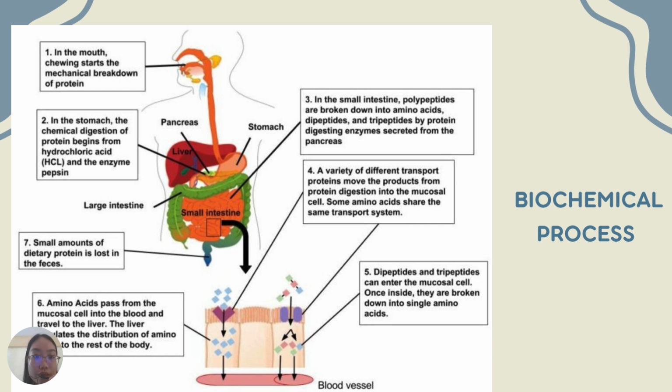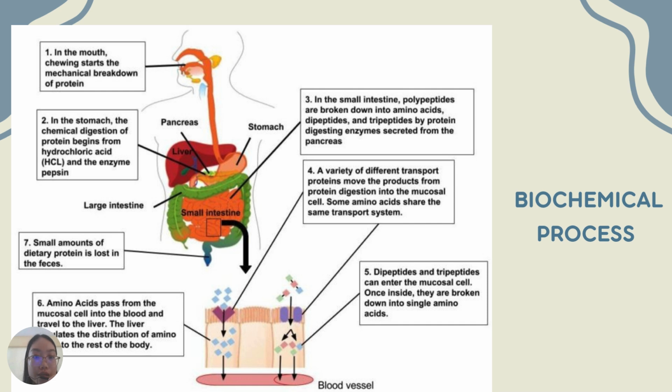Then the food goes to the small intestine, where polypeptides are broken down into amino acids, dipeptides, and tripeptides by protein-digesting enzymes secreted from the pancreas. A variety of different transport proteins move the products of protein digestion into the mucosal cell.